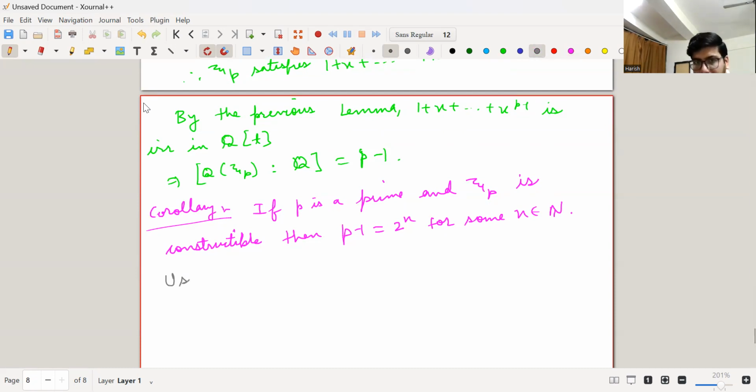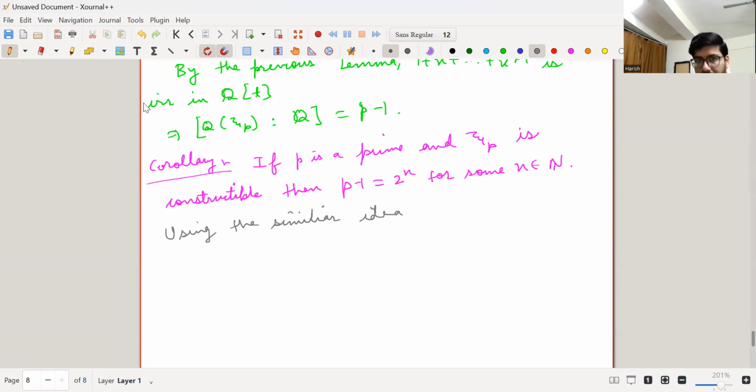Now, using a similar idea, one can check that ζ of p^m, where m is some natural number.